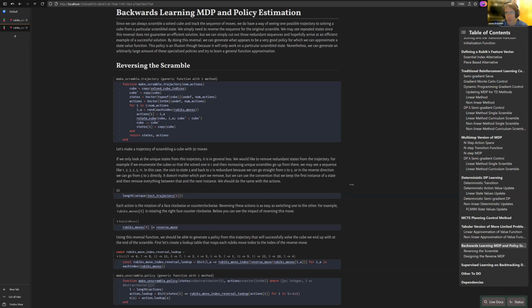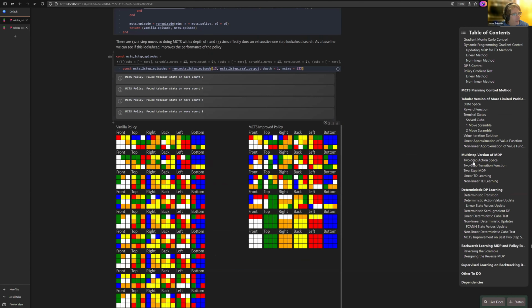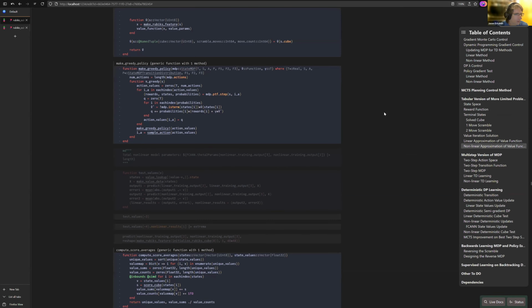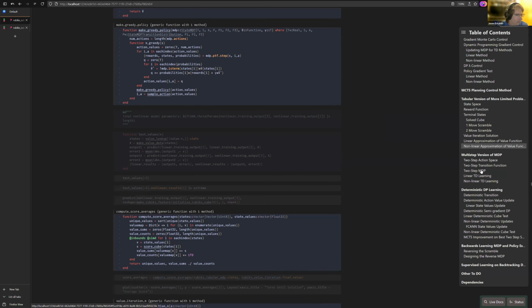So if we continue with this problem next time, we can start looking at some of the more powerful nonlinear approximation techniques that do much better.